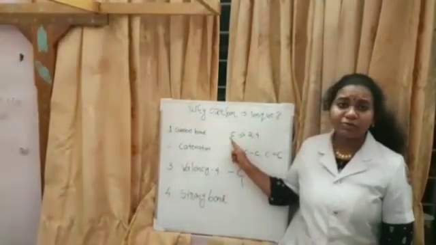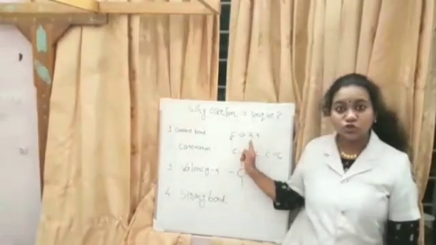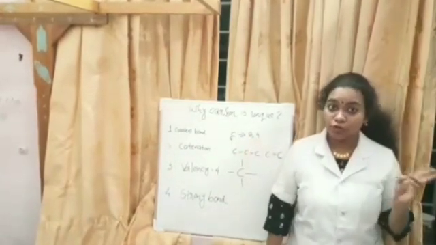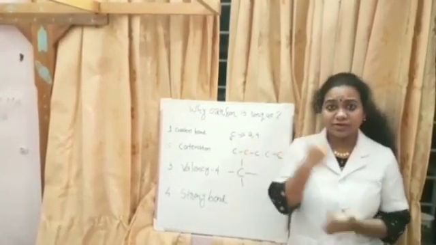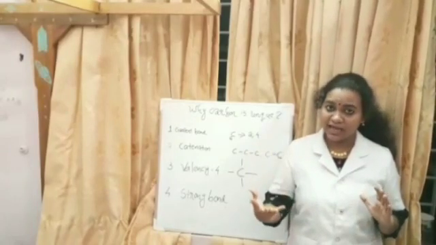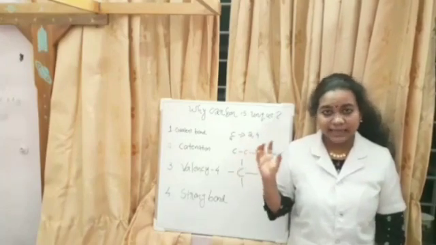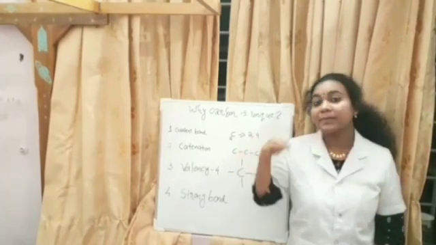The atomic number of carbon is 6. So, its electronic configuration is 2, 4. So it has 4 electrons in the outermost shell, isn't it? An atom will be stable only if there are 8 electrons in the outermost shell, by the octet rule.